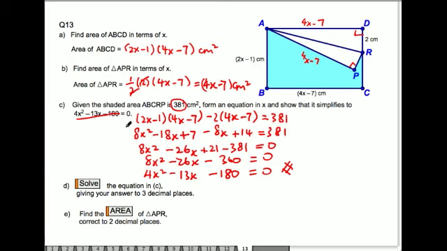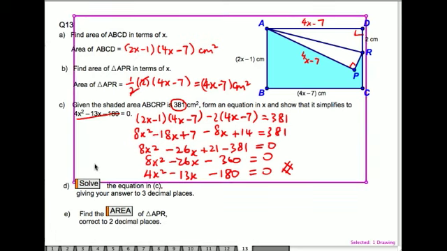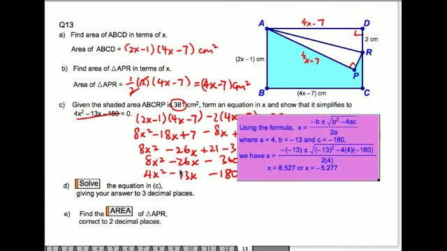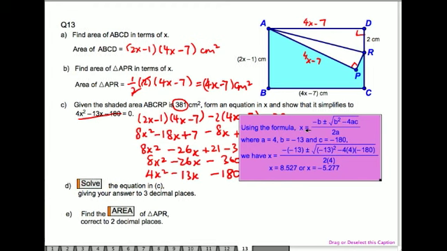Next, we need to solve the equation. To solve the equation, we use the formula x equals minus b plus minus the root of b squared minus 4ac, over 2a.